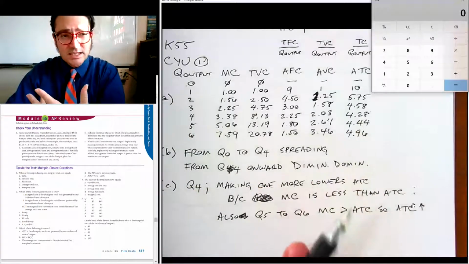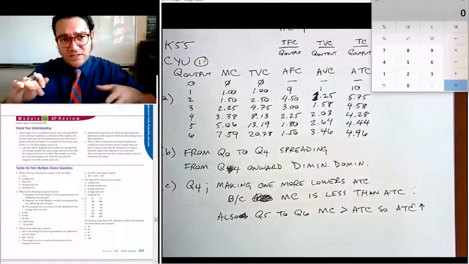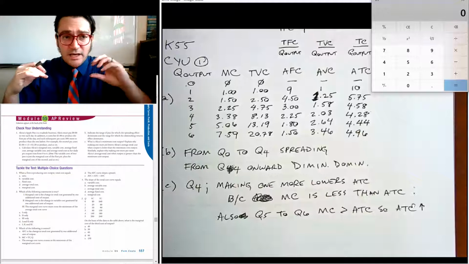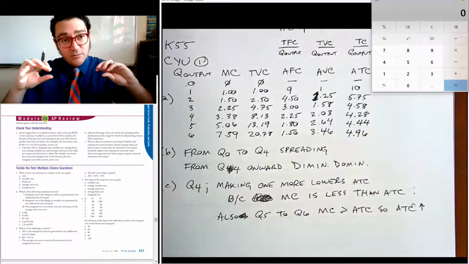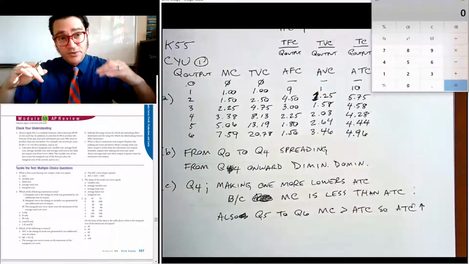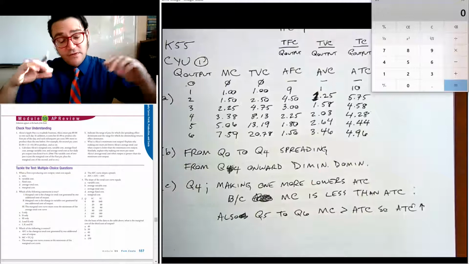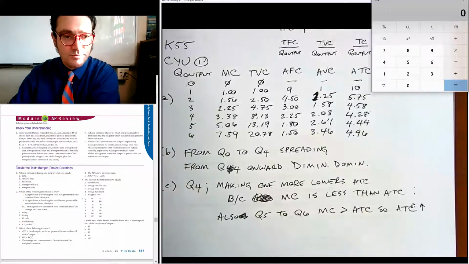And the book has this nice example of your GPA, right? Think about if your GPA is 3.0 and you take a physics class and you do really well, and that additional grade point is a 4, well, it's going to bring your overall GPA, the grade point average, up. It's going to bring it from a 3 maybe to a 3.25. And so that marginal unit is going to affect the overall average.